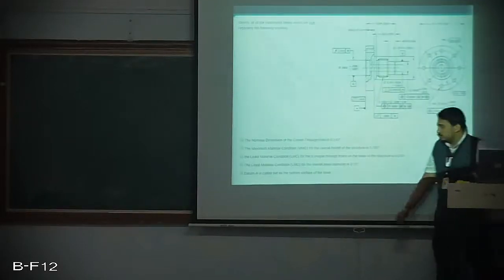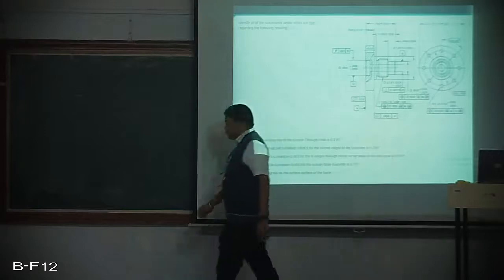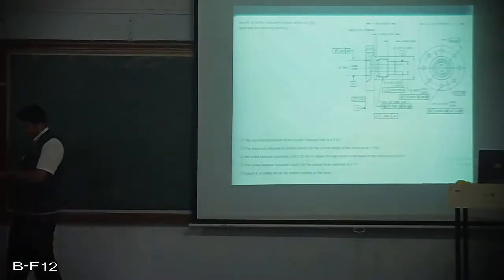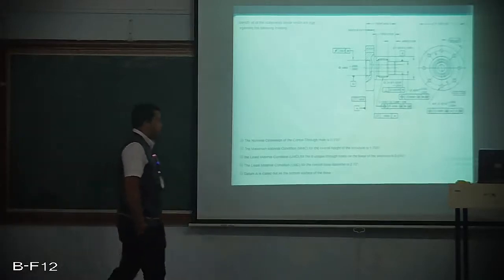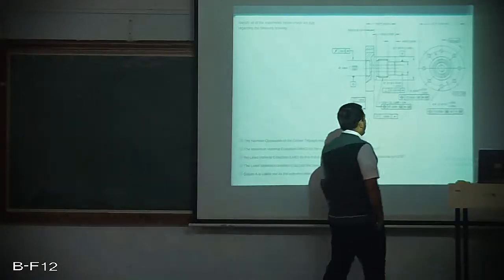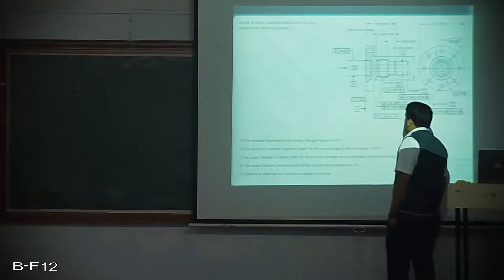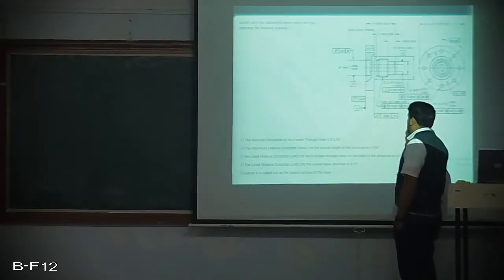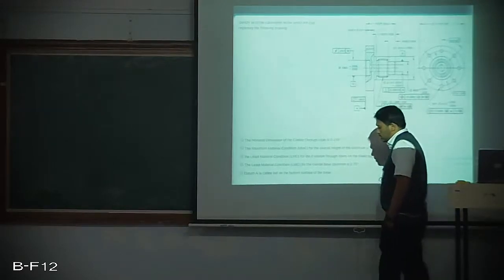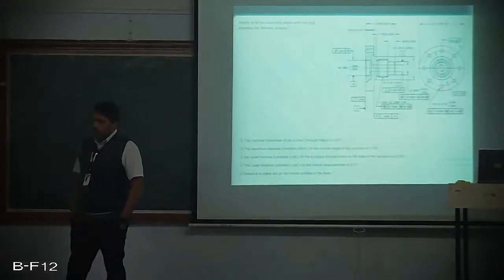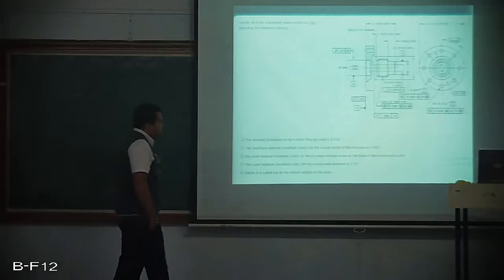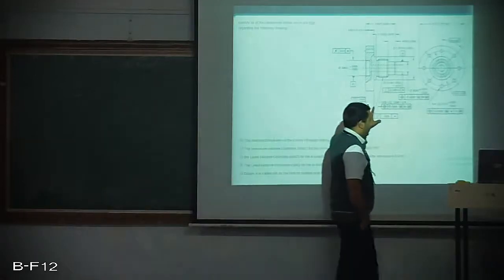Now, we look at the figure very closely. We look at the diagram very closely. There are certain dimensions, certain tolerances, and certain GD&T symbols used among all the 5 categories of GD&T symbols over here.